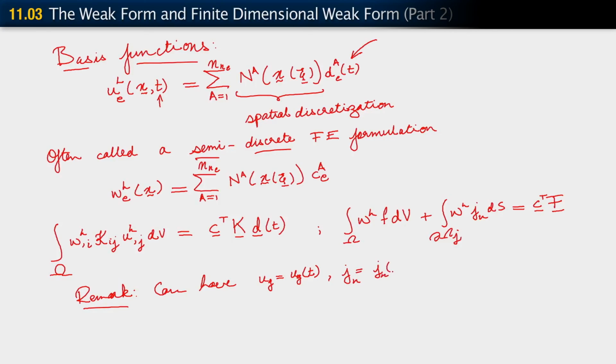There is nothing preventing this, and indeed, the formulation can take full account of it. You could also have F, our forcing term, be of course a function of position, but also of time. And so, in general, we could have F equals some function of time.